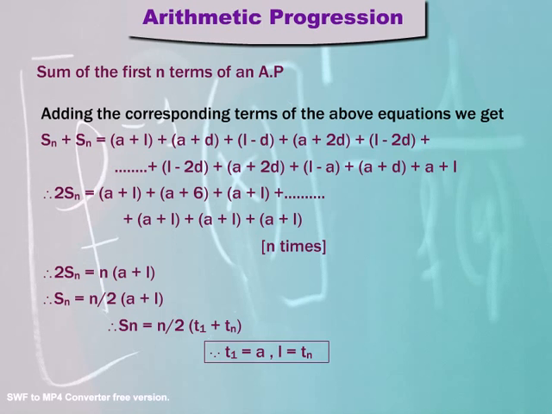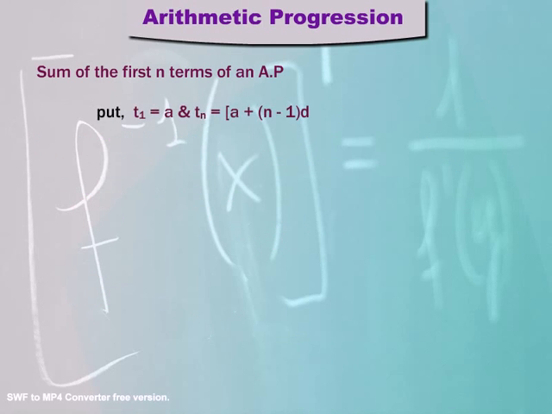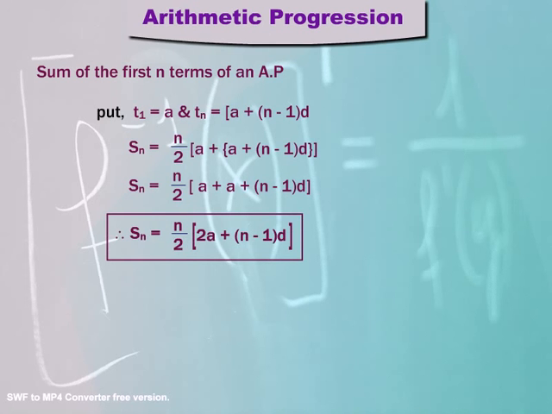Since T1 equals A and L equals Tn, put T1 equals A and Tn equals A plus n minus 1 into D. Then Sn equals n upon 2 within brackets A plus A plus n minus 1 into D. Therefore, Sn equals n upon 2 within brackets 2A plus n minus 1 into D.